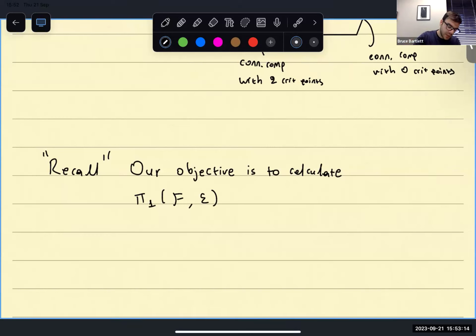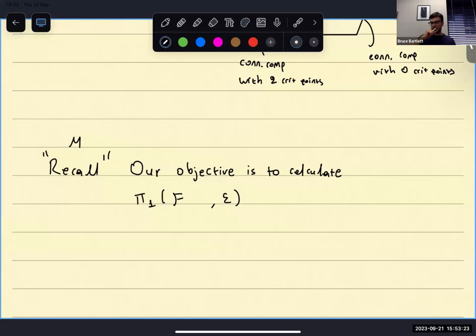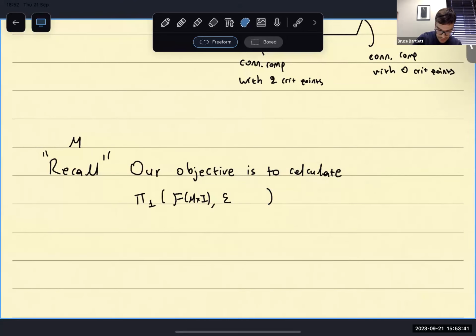So we start with a manifold M, and I gave you an argument that said that if you want to prove that every pseudo-isotopy on M is isotopic to an isotopy, what you should try to prove is that this relevant fundamental group is trivial.